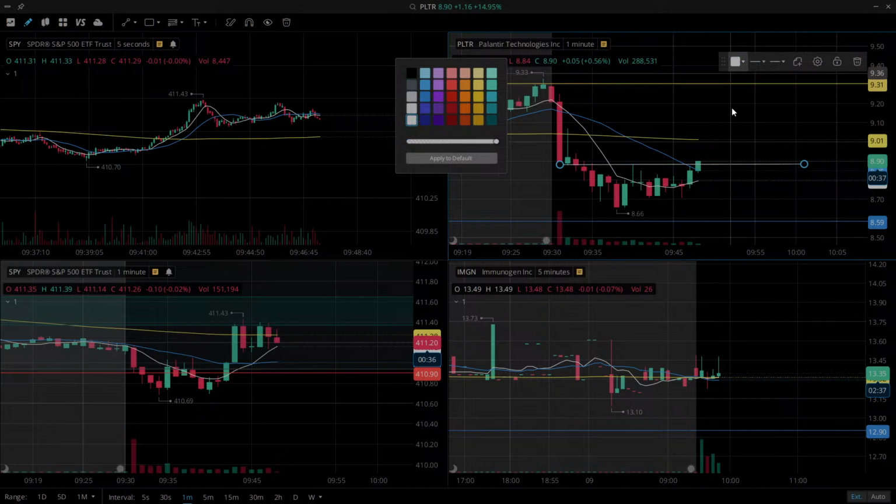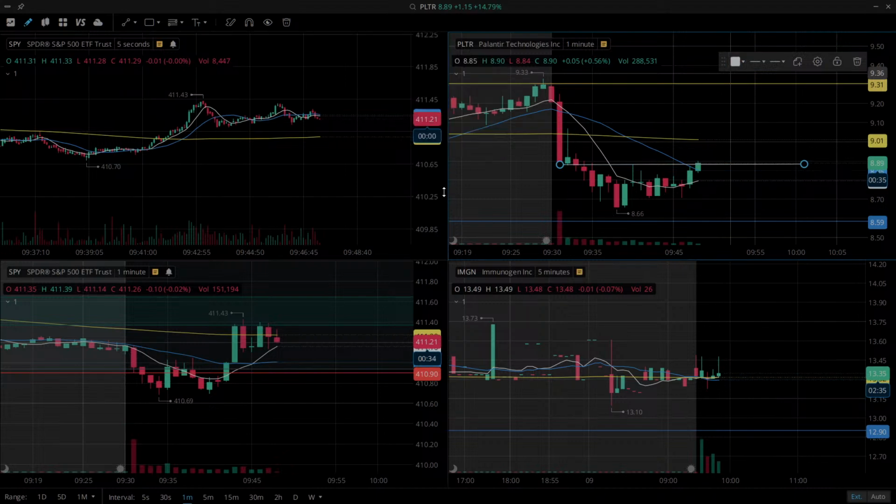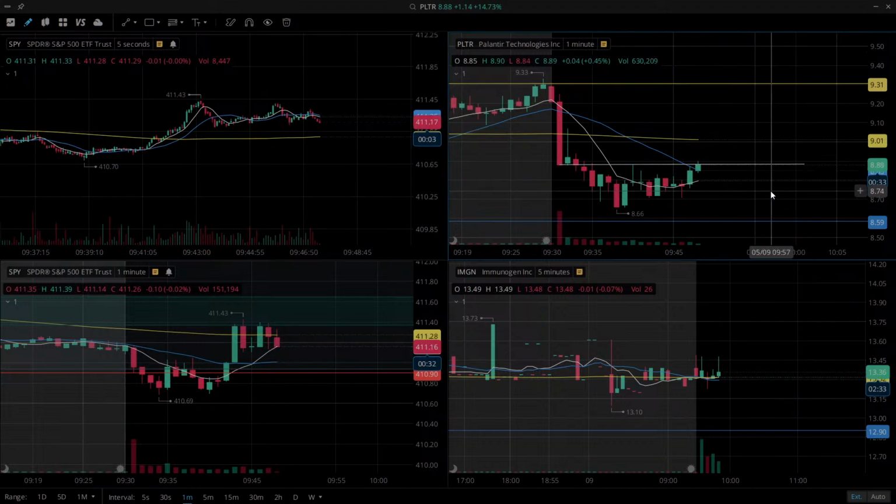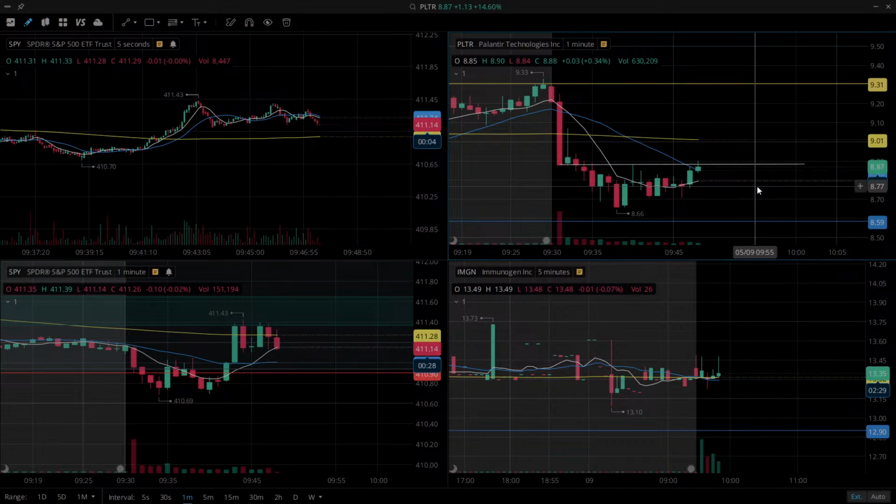And it's happening faster than I can draw it. Dang it, get in there. Look at that beautiful round bottom on PLTR right there. It's glorious. I mean, it can come back up to 920. Close that little breakout bar right there.